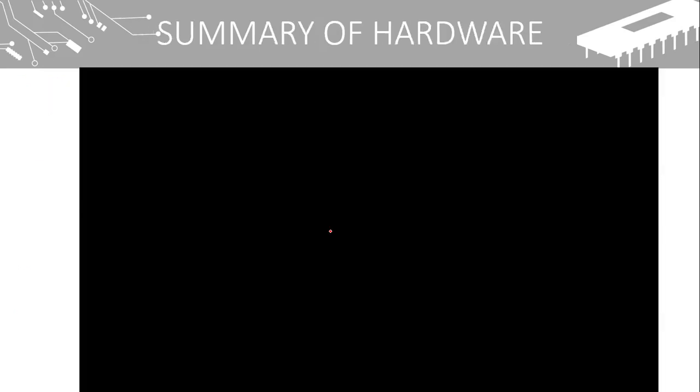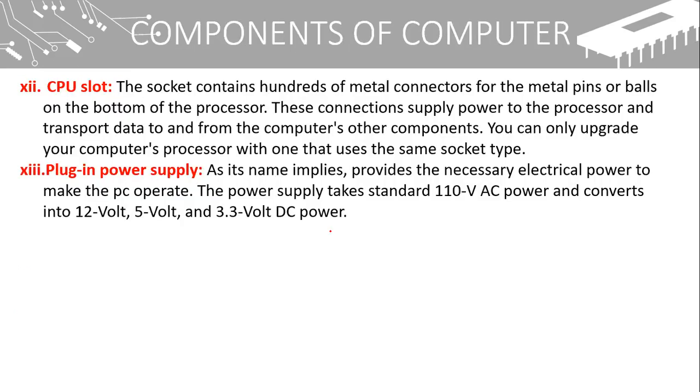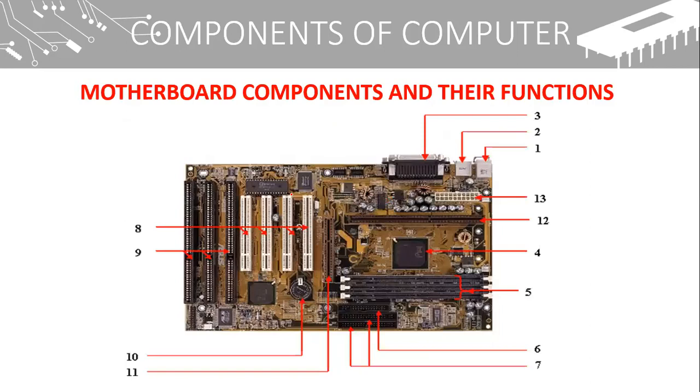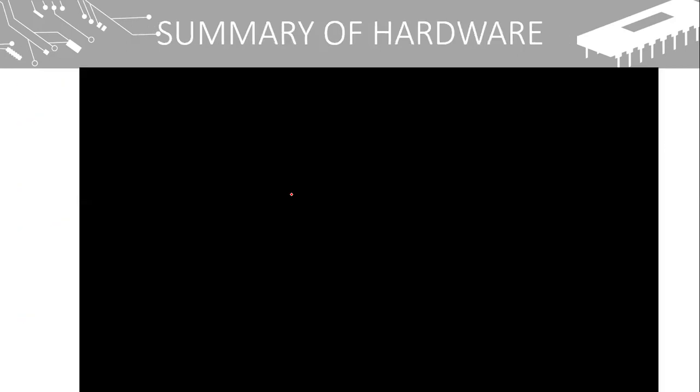So we now have what we know as the plug-in power supply. This is the plug-in power supply here, which is responsible for powering the computer, maybe with your charger or your power cable, as the case may be. Basically, these are some of the components on the motherboard.